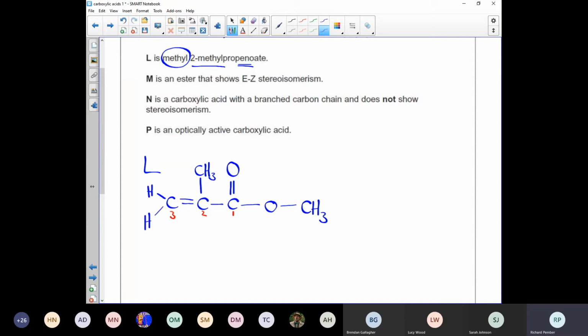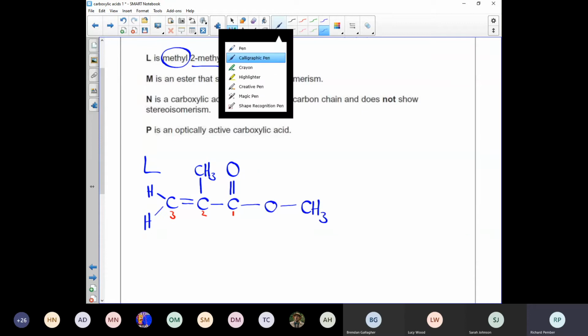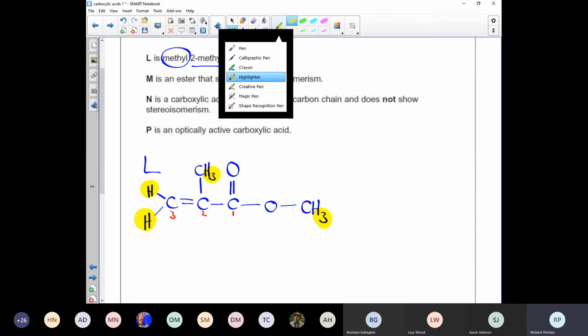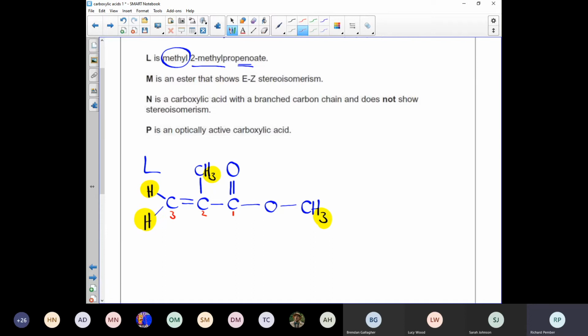So I've now got 1, 2, 3, 4, 5 carbons. You can see in terms of my hydrogens, I've got 3, 6, 7, 8, and I've got my 2 oxygens. So a bit of a strange one that to start with. Not an ester that will come across very often, but that's my answer to L, and there's only one correct answer for that.